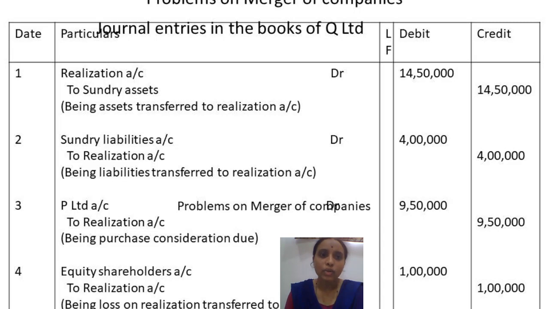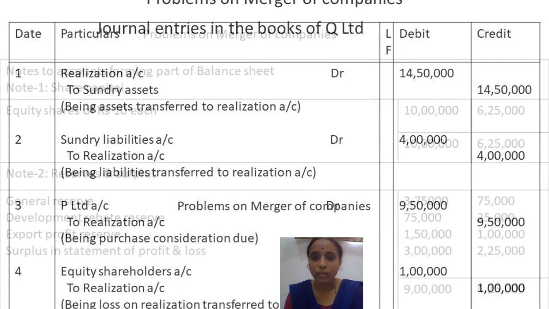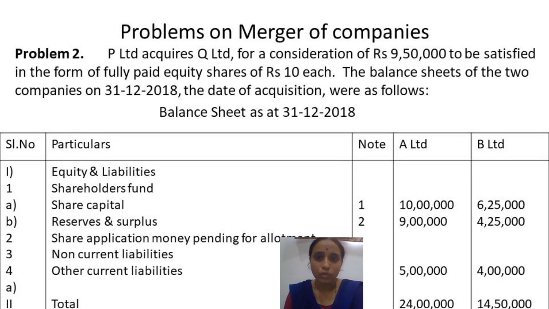All the assets of Q Limited, 14 lakh 50,000, are to be transferred to the realization account, and the liabilities, 4 lakh, are also to be transferred to the realization account. You can see in the balance sheet in the previous slide. Just see, 14 lakh 50,000 is given.